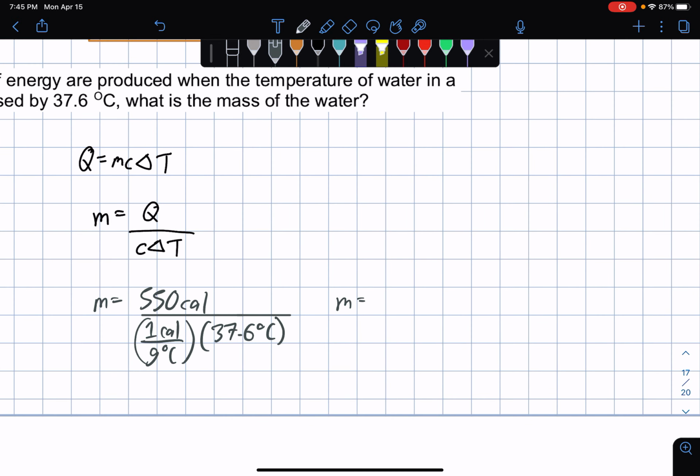So 550 over basically 1 times 37.6, and we cancel, and we have 14.62766. I think these two cancel out as well. You do have grams, so that's what remains.